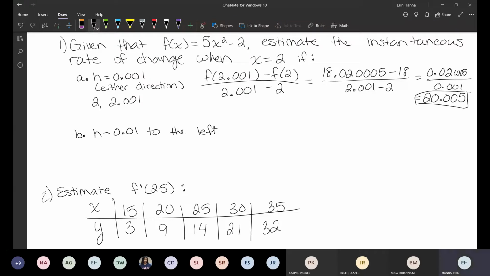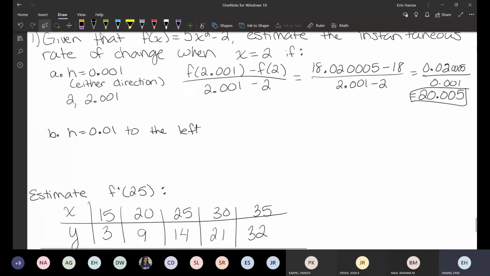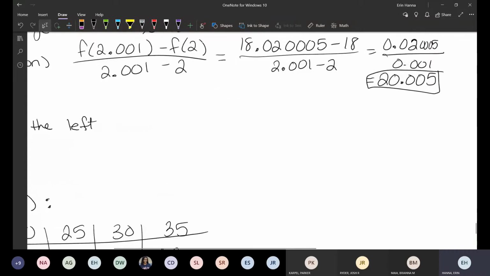And if you wanted to go the other way, let me zoom in on the calculation a little bit to make it bigger. We could use 2 and 1.999. Just like with normal slopes, because these are slopes, it doesn't matter which way you put the terms as long as you're consistent.